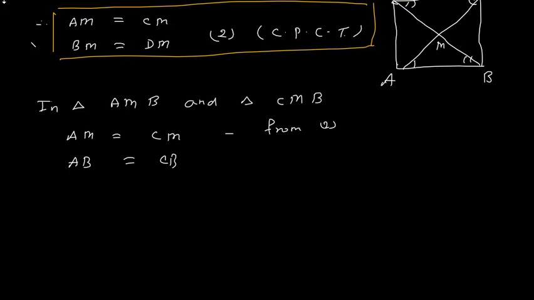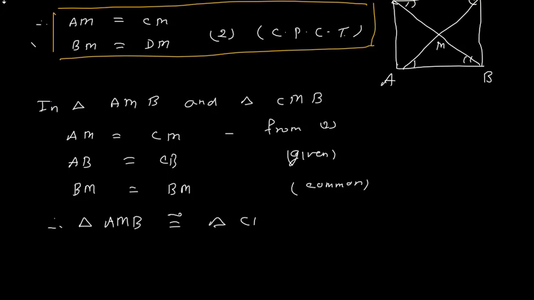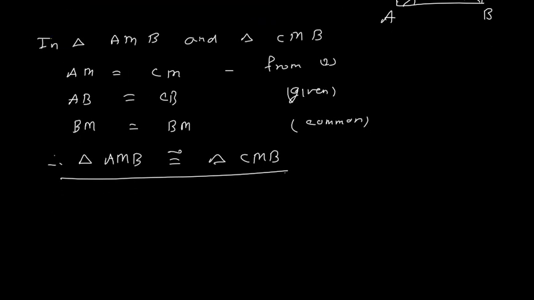See, in equation number 2, AM equal to CM. This is given because it is a square, and side BM is common. So side BM is equal to BM. This is the common side. So therefore, triangle AMB is congruent to triangle CMB. Here it is side, side, side criteria.